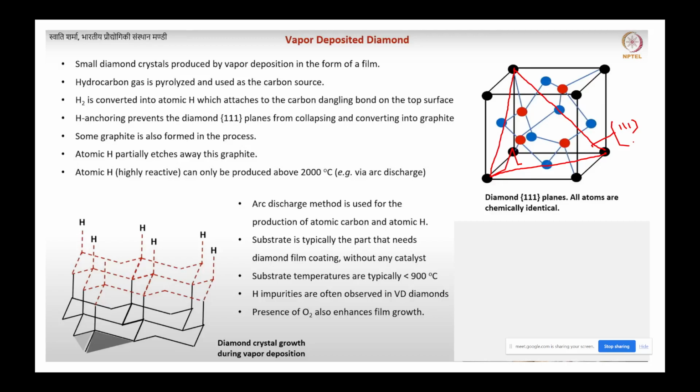The arc discharge method is used for the production of atomic carbon and atomic hydrogen. The substrate is typically the part that needs diamond film coating, without any catalyst. Substrate temperatures are typically 900 degrees centigrade. Hydrogen impurities are often observed in vapor deposited diamond. The presence of oxygen also enhances the film growth.